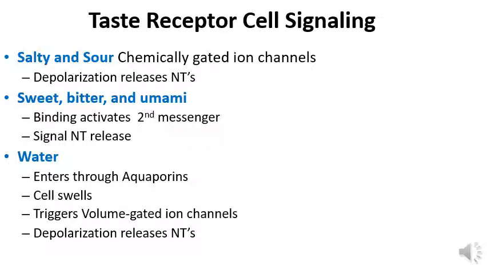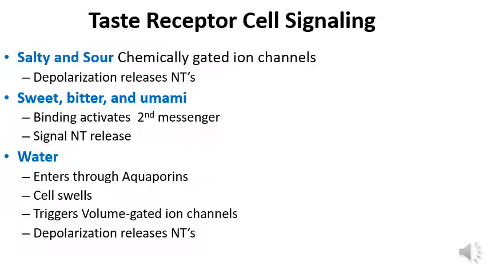Something that's salty is going to be essentially ionic. Something that's sour is going to be characterized by the presence of hydrogen ions, i.e. acid. So those ions, whether they're hydrogen ions or sodium ions or chlorine ions, they're going to open chemically gated ion channels. That's going to establish a depolarization in the receptor cell.